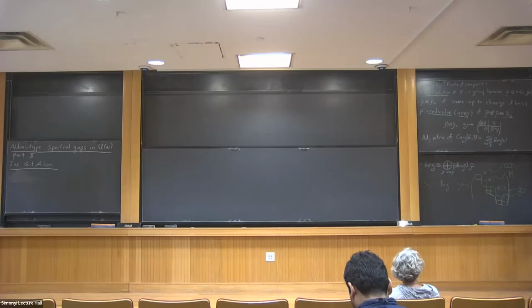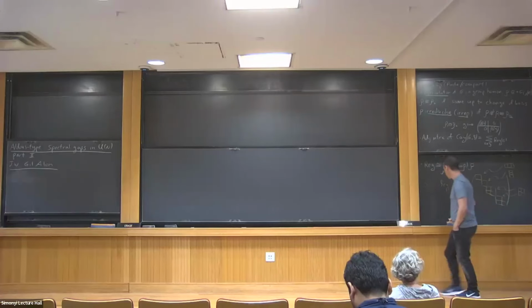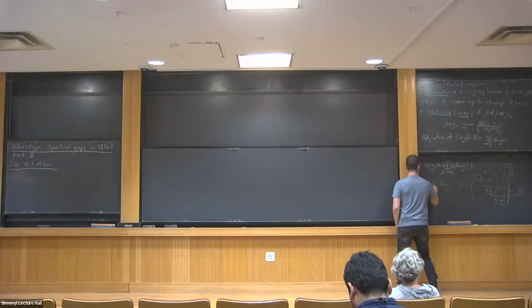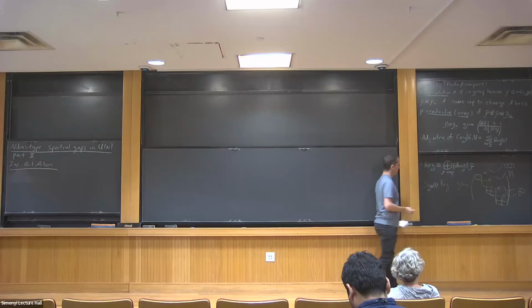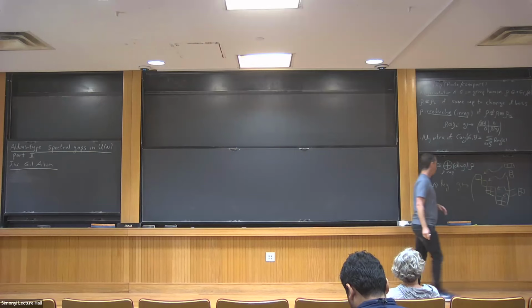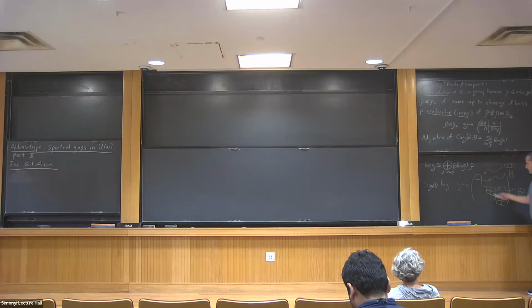For example, in the symmetric group on 3 elements, the regular representation, like the adjacency matrix of the Cayley graph, is 6 by 6. The decomposition into irreducibles looks like that.